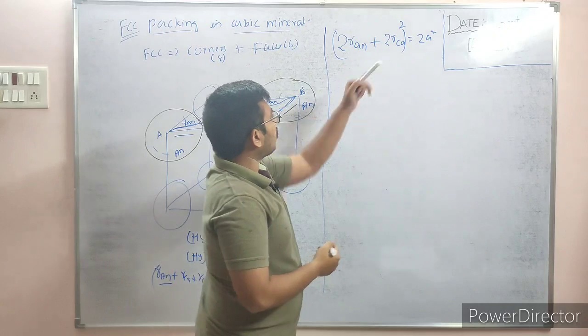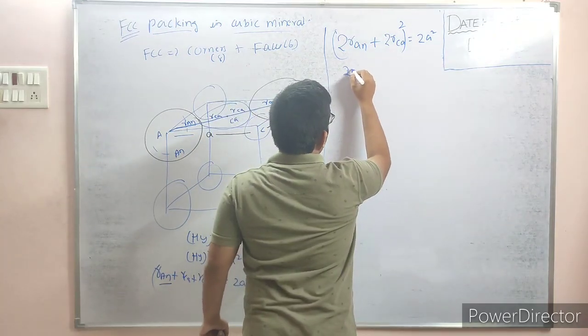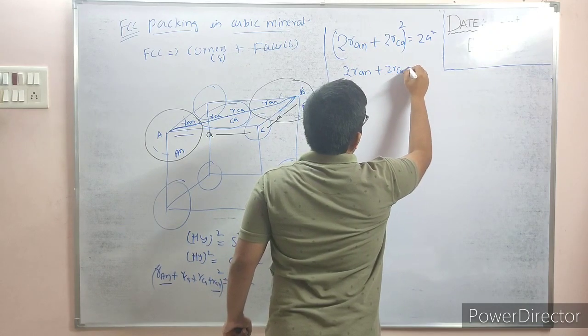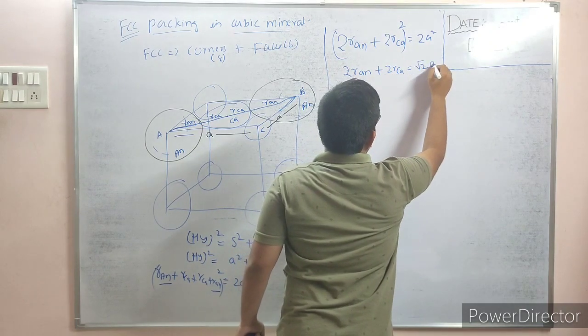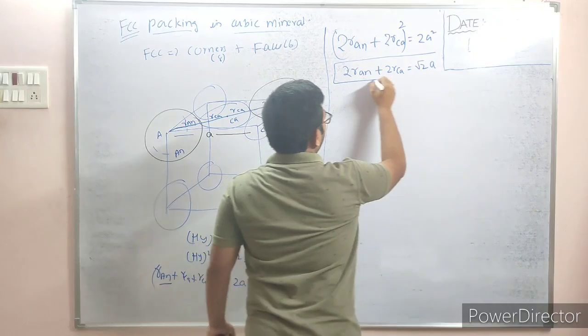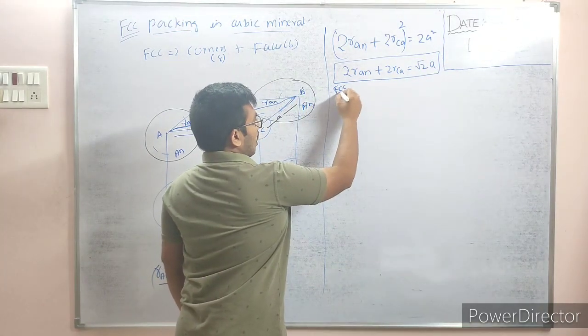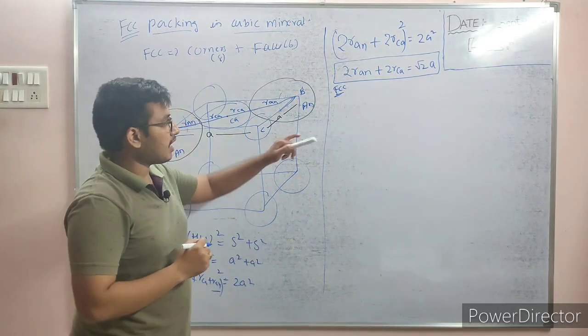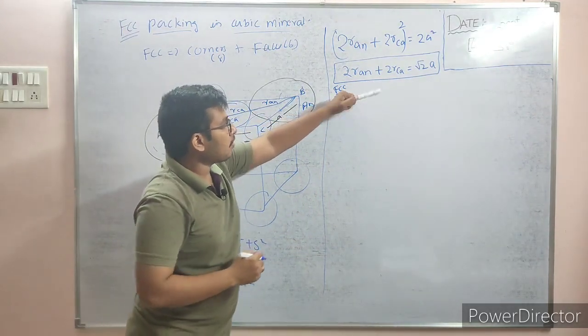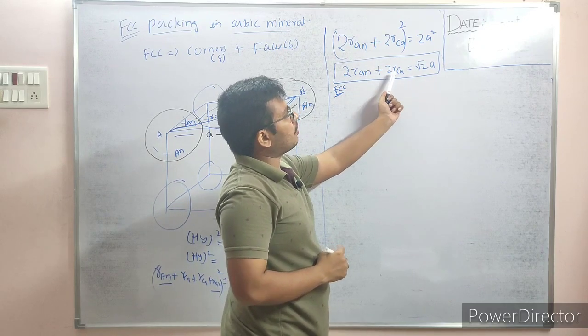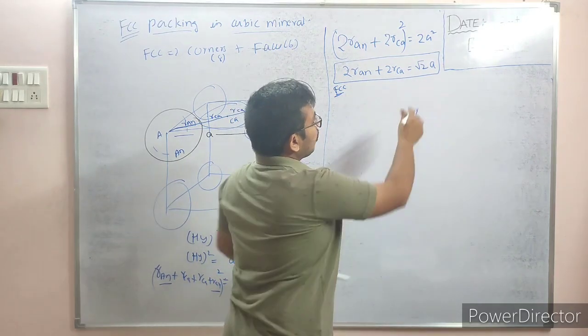Okay, when we remove the squares, 2 radius of anion plus 2 radius of cation is equal to root 2a. This is the formula for the edge length in FCC packing. Understand, very important, why I am saying is that in FCC packing only this type of formula will come. 2 into radius of anion plus 2 into radius of cation is equal to root 2a.